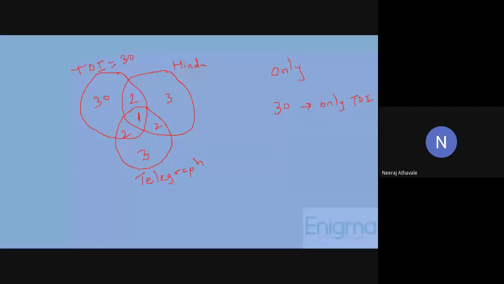Inside. Perfect. Always remember, whenever it is 'only' wording, it will be inside. Now there could be another data point, that 100 people read Hindu. This would be inside or outside? Outside. Perfect. So what does this mean? The whole circle of Hindu, the addition of all the parts inside should be 100. So remember this thing and you will never make mistakes in these kinds of questions.